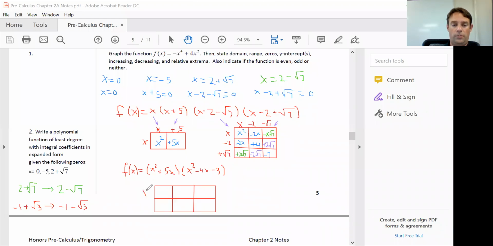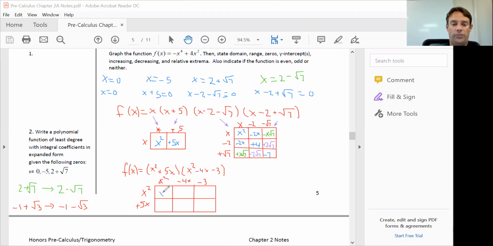X squared plus 5x. Then we have x squared minus 4x minus 3. All right, go ahead and multiply these out.